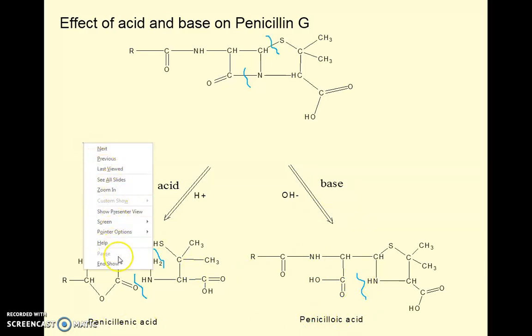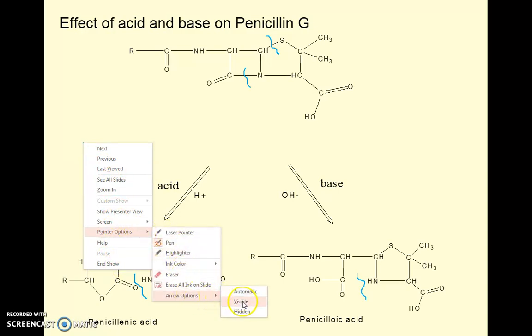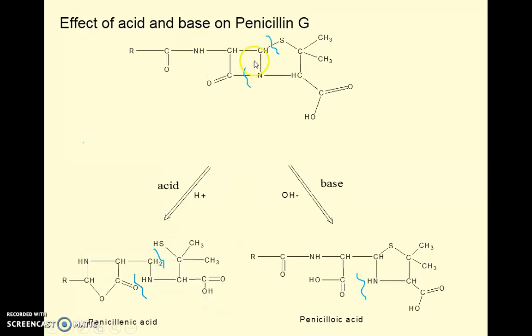So penicillin G gets degraded either in the presence of acid, by opening of beta-lactam and thiazolidine rings, or in the presence of base, where only opening of the beta-lactam ring gives penicilloic acid. These are all degraded products of penicillins.